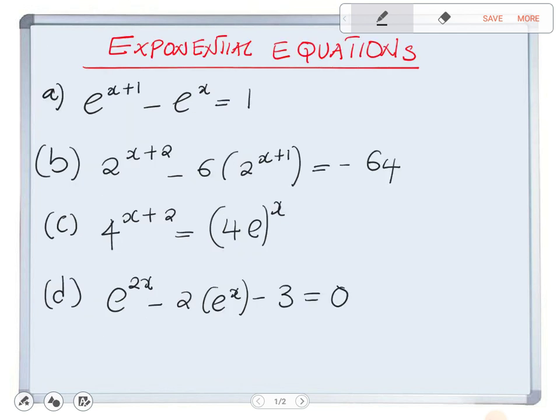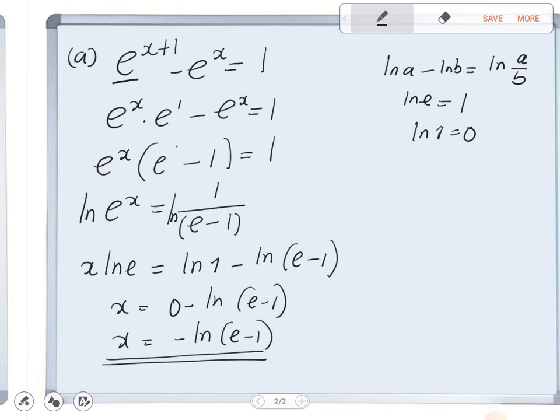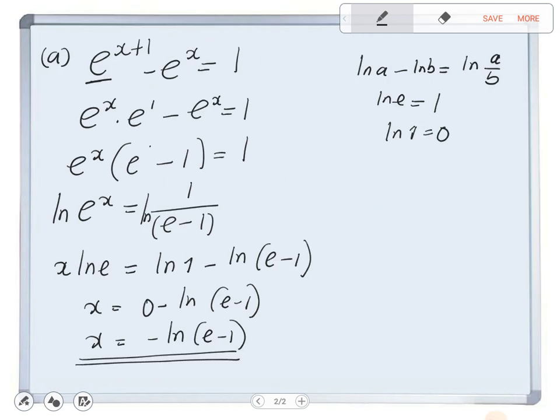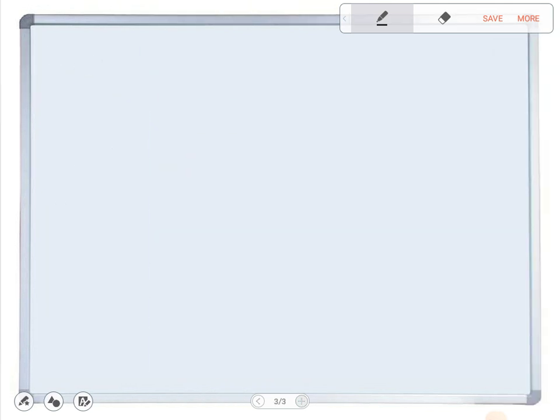So let's go to b. b is this one here. So let me just rewrite it. So b is 2^x plus 2 minus 6 times 2^x plus 1 is equal to negative 64.